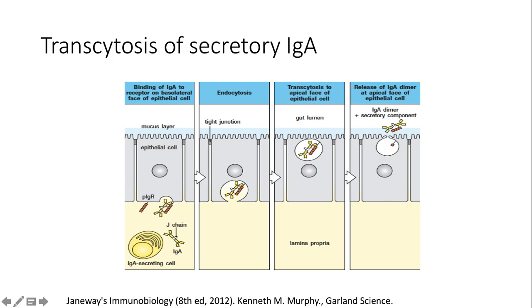The resulting antibody is protected from proteolytic cleavage, and it is referred to as secretory immunoglobulin type A. And then the secreted immunoglobulin type A can bind and neutralize pathogens and toxins in the gut lumen.